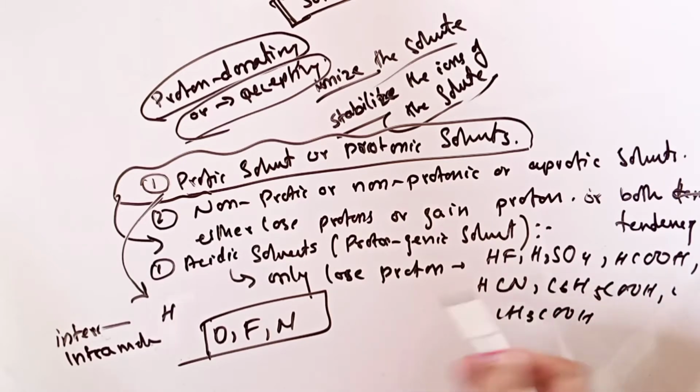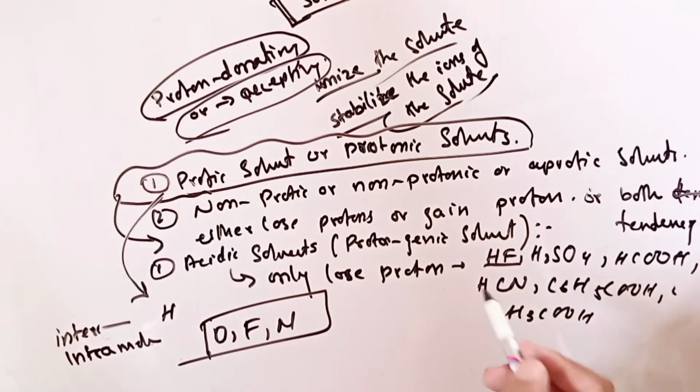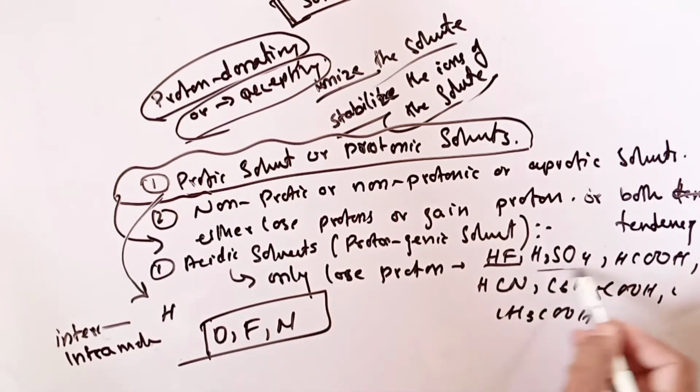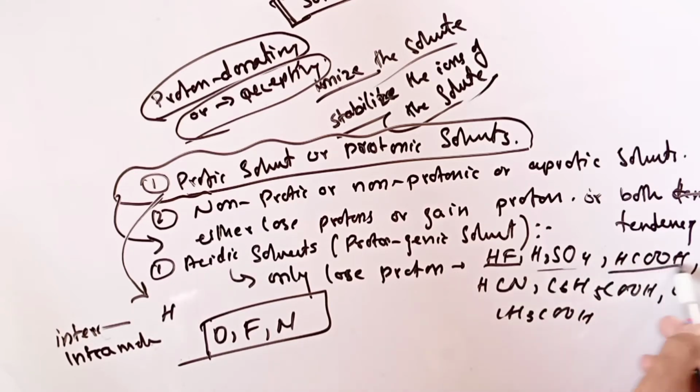According to this concept, HF has a fluorine atom, H2SO4 has oxygen atoms, HCOOH has oxygen atoms, HCN has a nitrogen atom, C6H5COOH has oxygen atoms, and citric acid also has oxygen atoms.